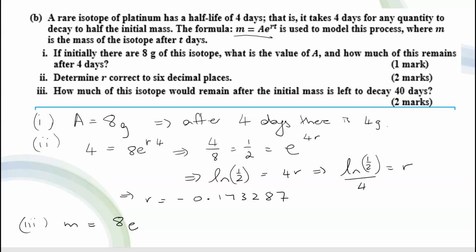We now know that r is equal to negative 0.173287, and we're told that this time t is 40, and that's a calculated job, and we would put it to 3 significant figures. And again, you're going to lose half a mark for not having that to 3 significant figures. Okay, so that's the end of the test.